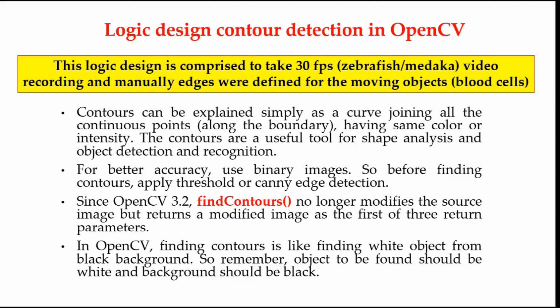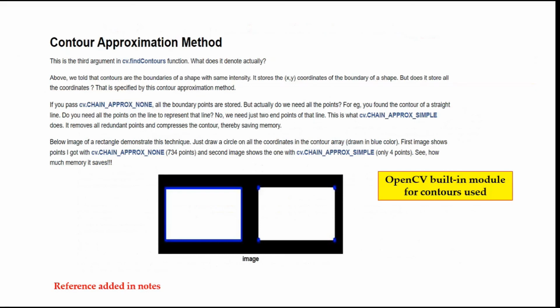Similarly, the logic design for the contour detection in OpenCV is the logic that I built for the 30 FPS videos for the medaka and zebrafish. I manually selected first, and then used the approach for the contour selection, based on a simple OpenCV version. If you have 3.2, you can get the module and the relative threshold values.